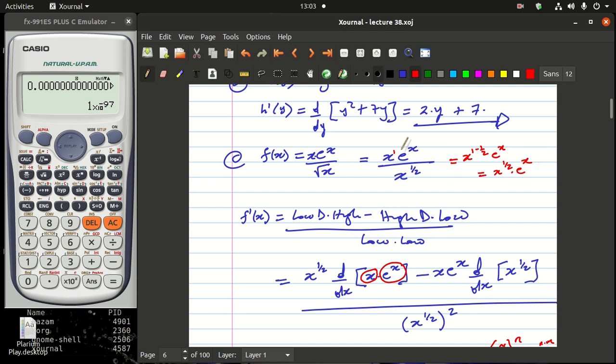And instead of using the quotient rule here, they end up using the product rule, because I have this function here, I also have that function here. So you can play around with these two things, but you're still going to get the same answer.